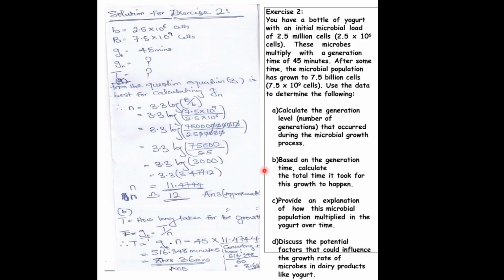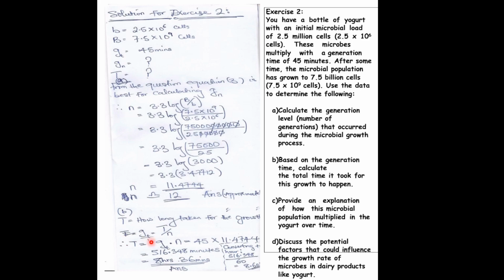Now question B says, based on the generation time, calculate the total time it took for this growth to happen. Now you are no longer looking for generation time. You are now looking for the overall time, that is how long it took for the microbial growth to occur. Then you go to equation 2.